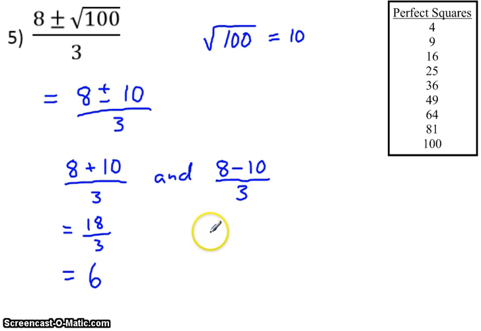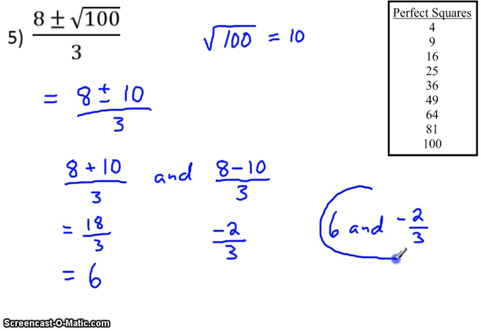And 8 minus 10 is negative 2 over 3. So we've got two answers for this. It's going to be 6 and negative 2/3. And this is only going to happen when you have a perfect square as your radical.